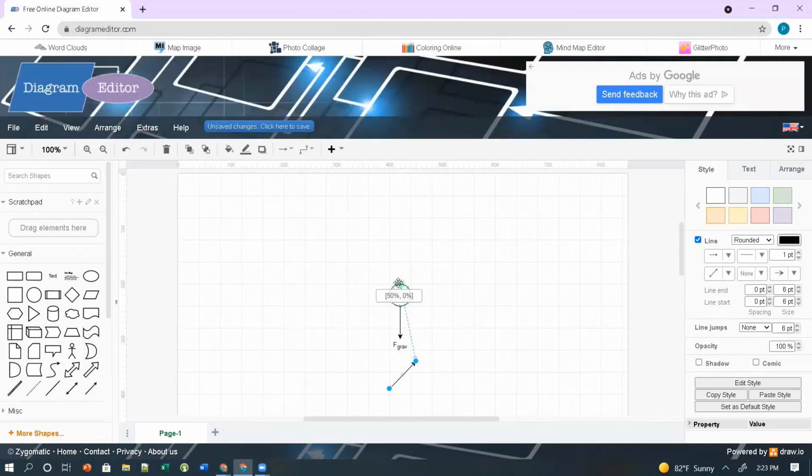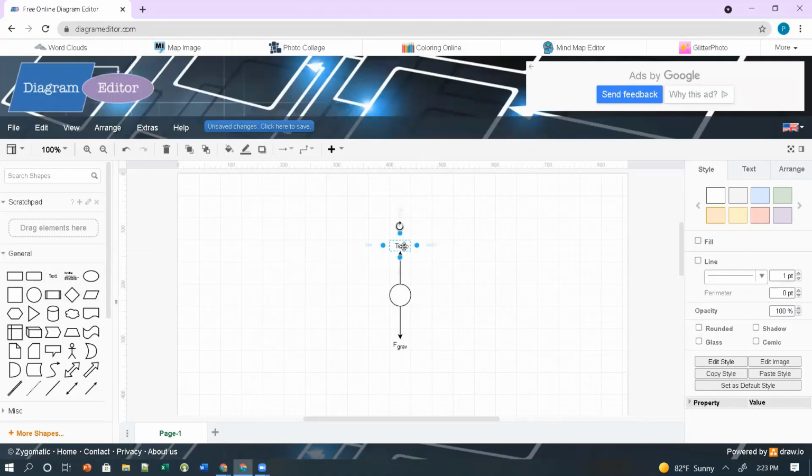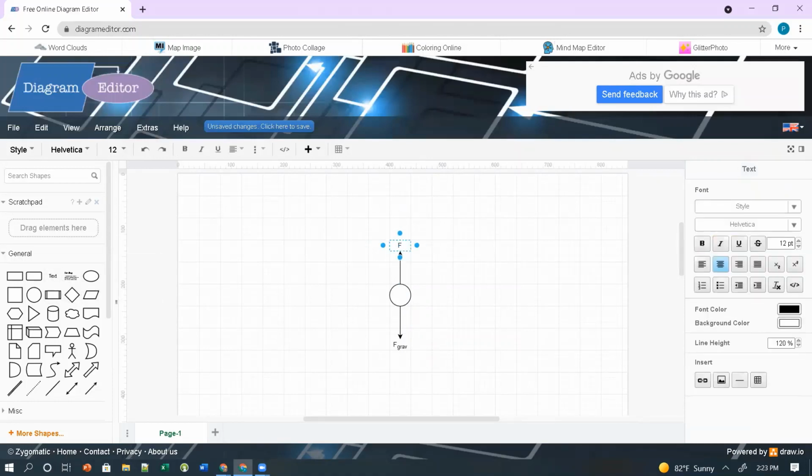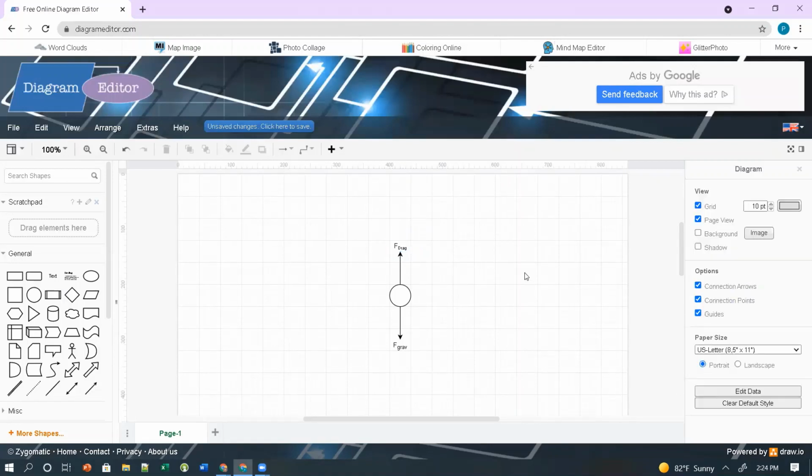So we draw from the center of the ball the direction of the force, which is straight upwards, and then we label it as the force of air resistance, or force of drag. Either way, you can write it as AR, or we can write it as the drag force. So that's going to be our free body diagram for a ball falling straight down with air resistance.